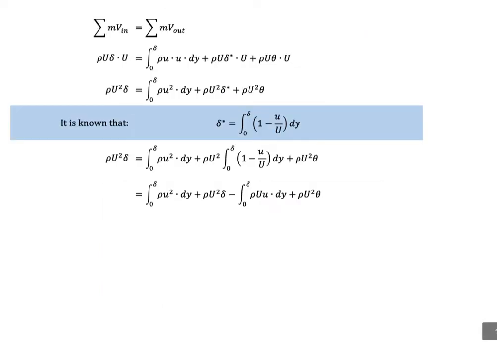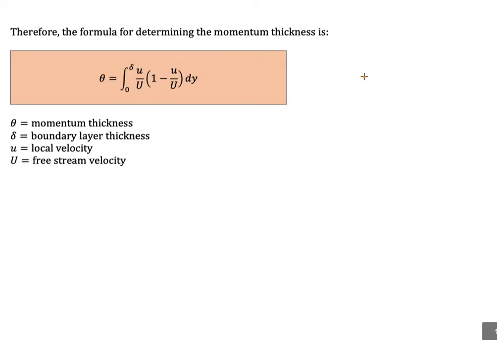I think I already showed you this calculation in the previous lecture. So we get the momentum thickness equation like this: theta is equal to the integration of u over U times 1 minus u over U dy.